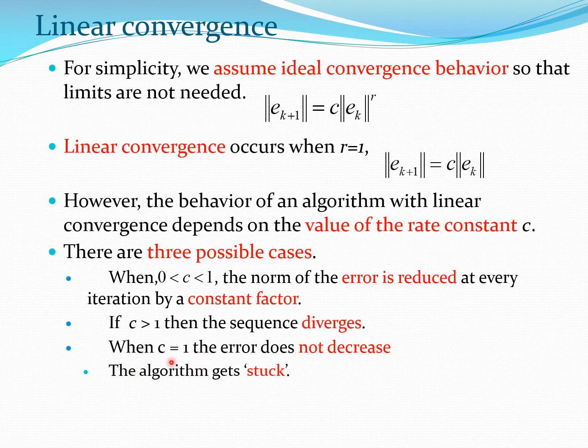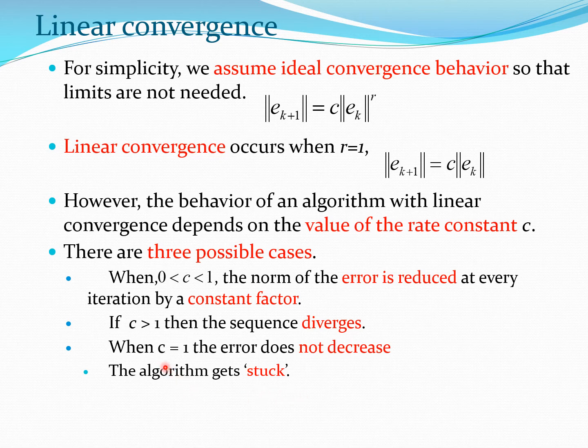Now the third situation is c is 1, and in this case the values of e_{k+1} and so on will not decrease, and so what we say in common parlance is that the algorithm or the method got stuck. And if you have done some programming, you would find out that there are many situations where essentially the search which you are doing keeps giving very similar results, and essentially it's got stuck at a certain point.